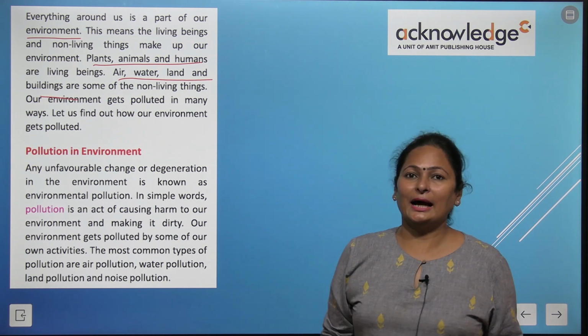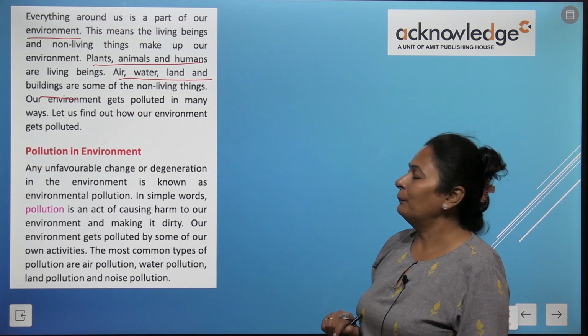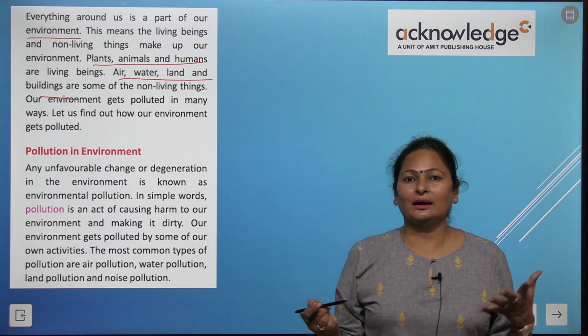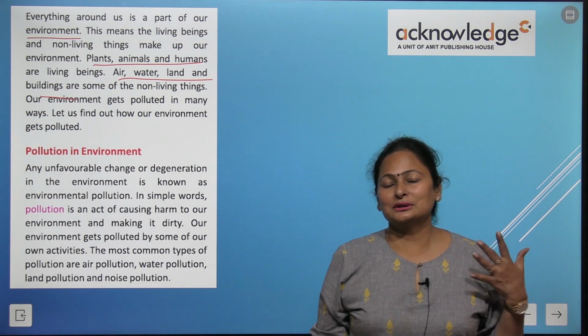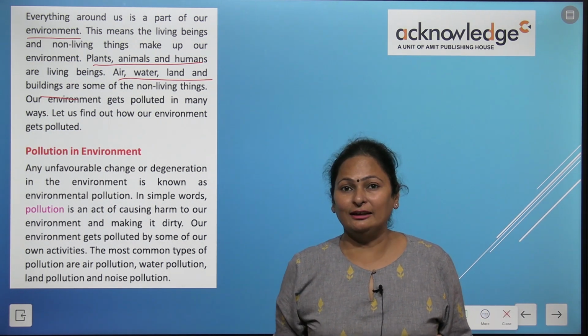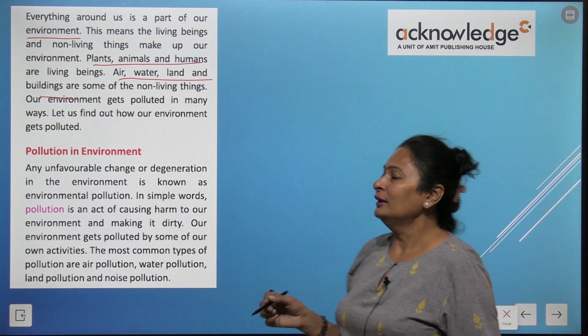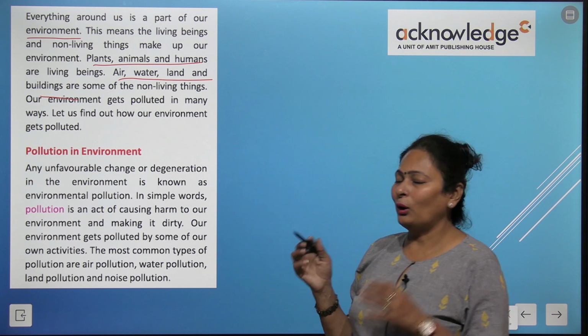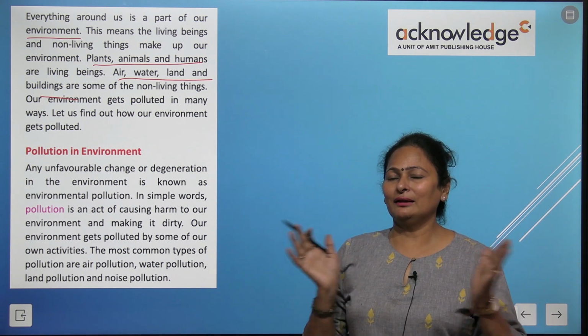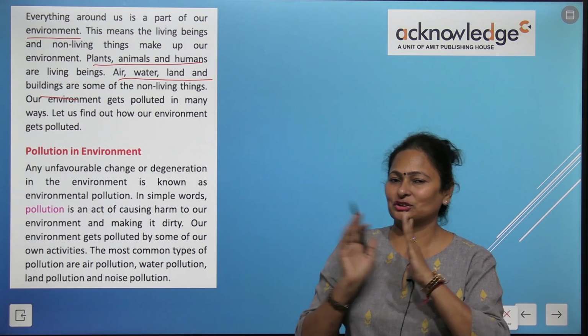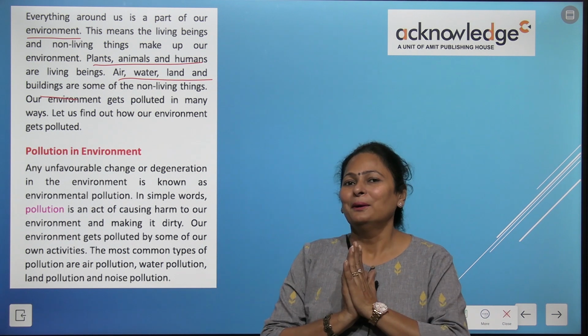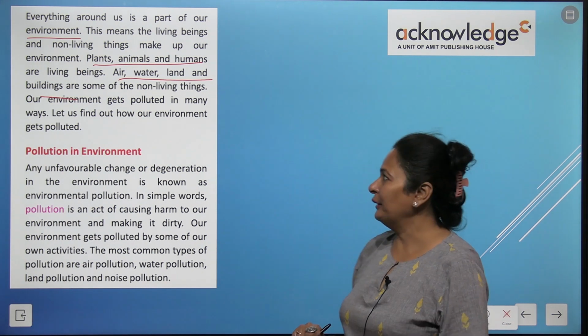And man-made things are buildings, copies, notebooks, bags, phones, TVs, cars. So many examples. They are non-living things. So all the things together, living and non-living, natural or man-made, make our environment, right?